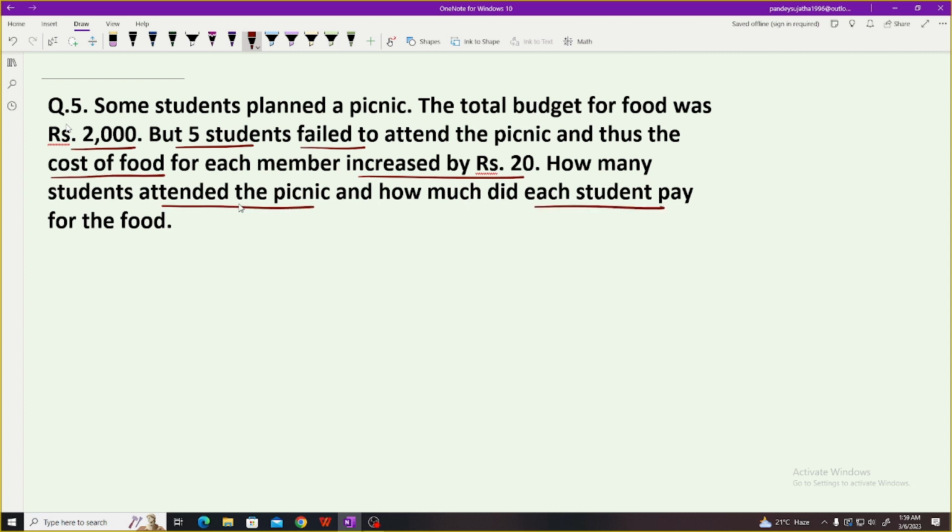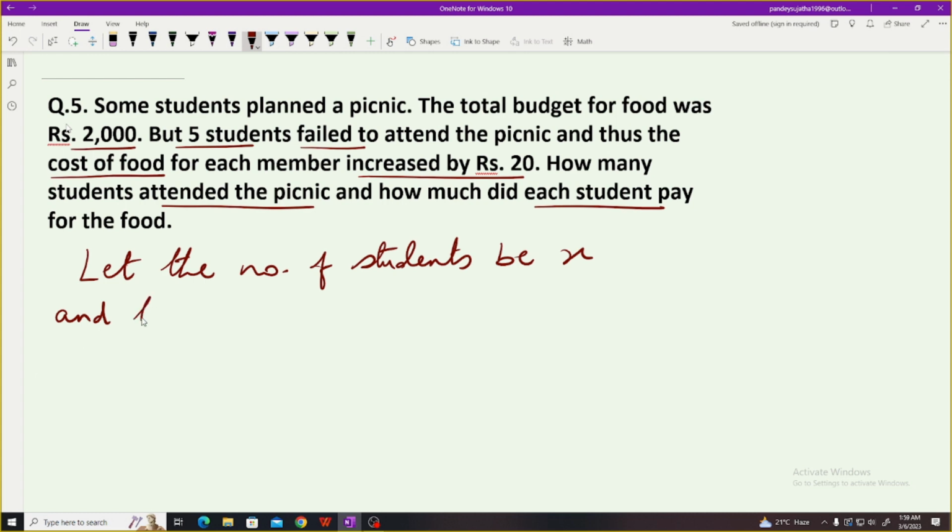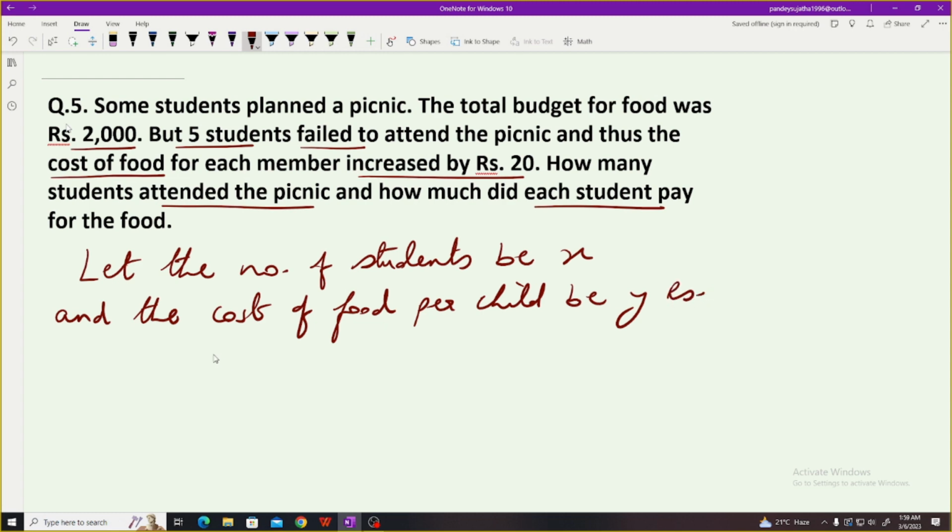So here we need to assume: let the number of students be x, and since the cost is also not given, let the cost of food per child be y rupees.